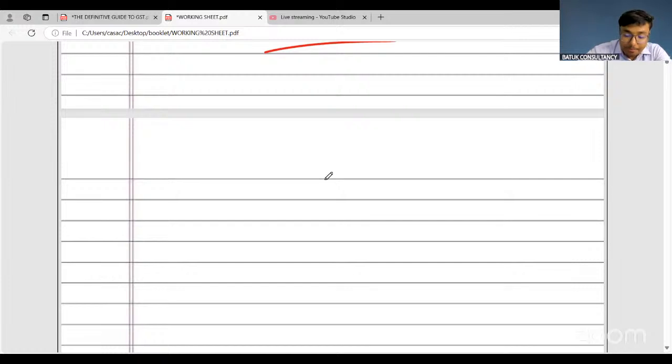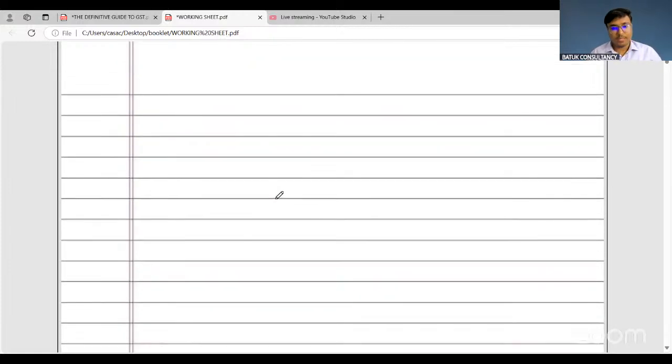That means suppose I am providing GST training related services, and I am declaring the turnover in my GST returns and claiming the input tax credit. Now, this is my business.